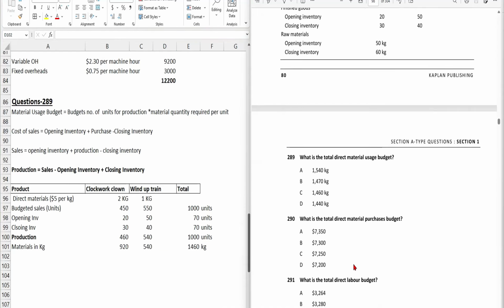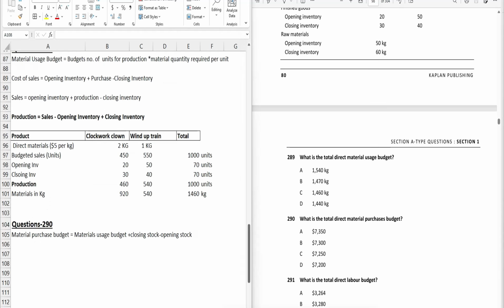Now the next question is asking what is the total direct material purchase budget? And if you look at the options, they have calculated in terms of cost, monetary value. So what is the formula for the material purchase budget? This is the formula: the material usage budget plus closing stock minus opening stock.